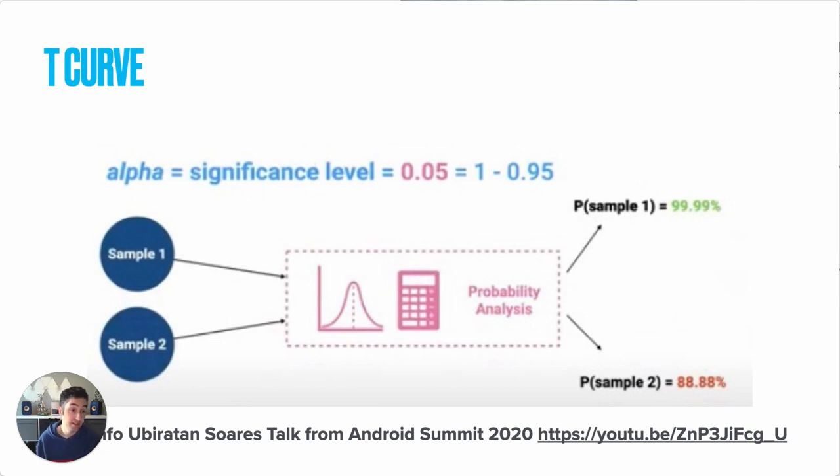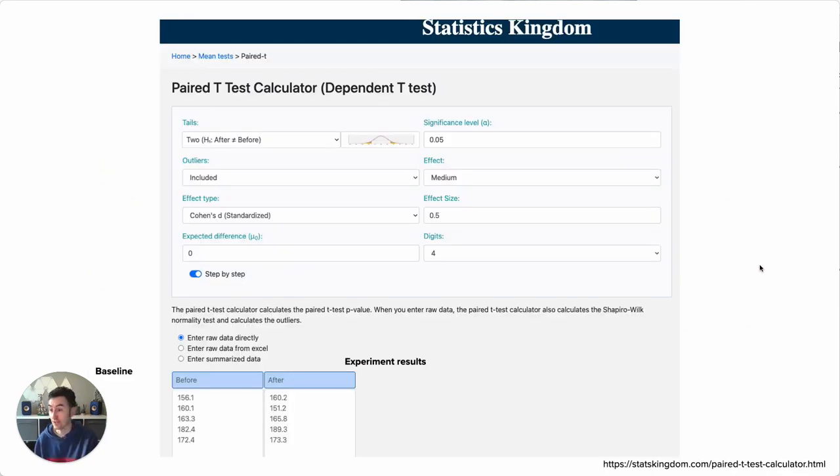Luckily, we don't have to get our calculators out, because there's a website for that, which is great. We can cut and paste the CSV file results in, run the test, and then we get the result.